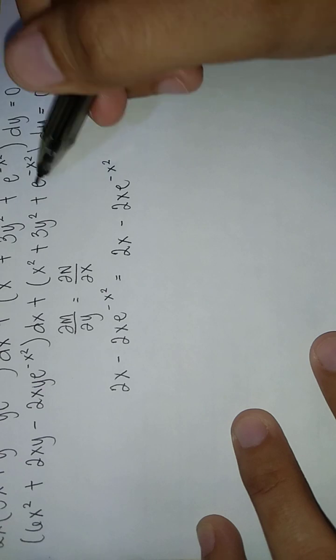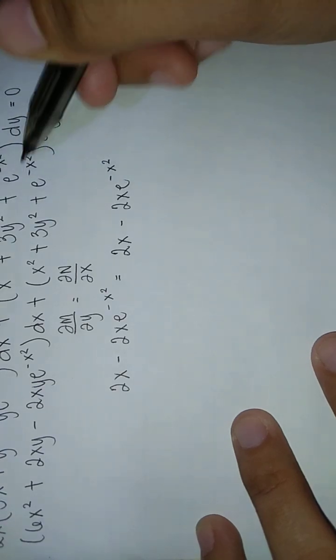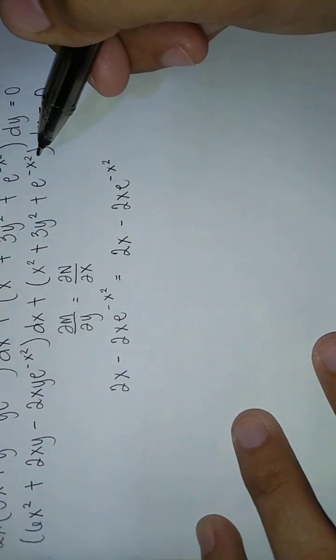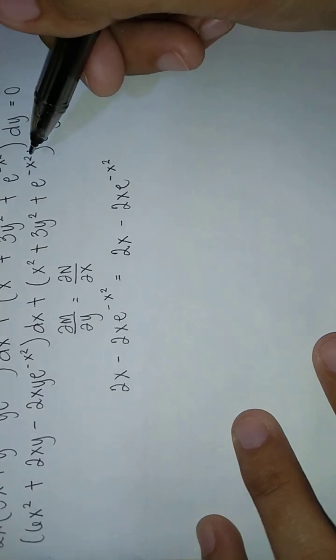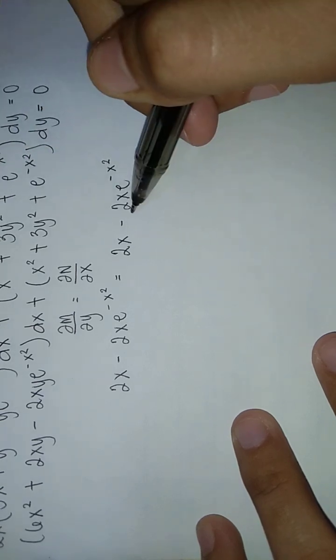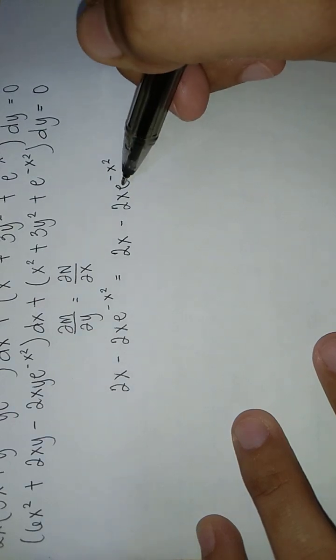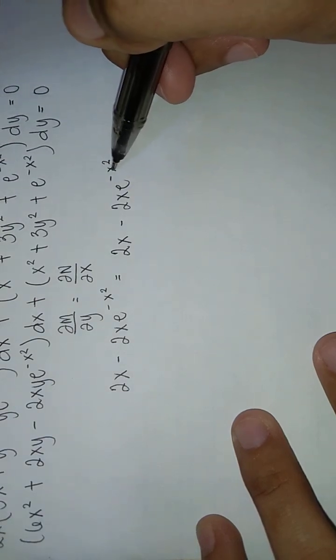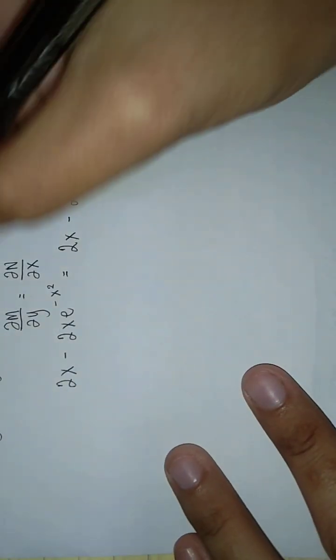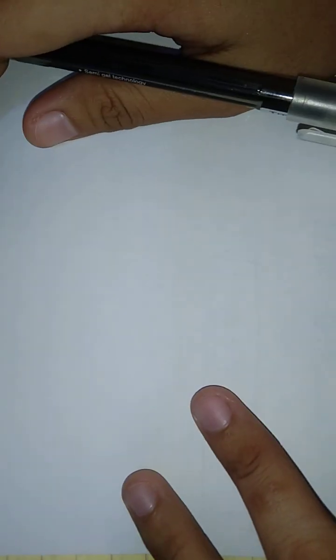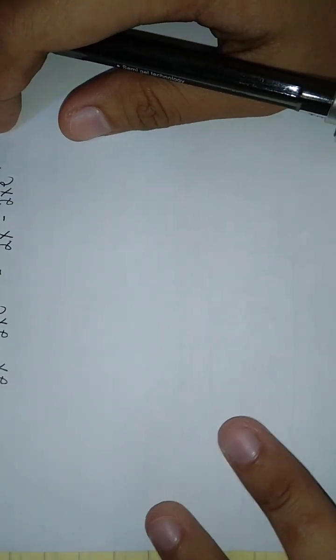So when you see expressions like this, the derivative of this one will be the derivative of its exponent. So the derivative of negative x squared is simply negative 2x. Then copy e, then the exponent. Since this is exact, we can now proceed to the next step.